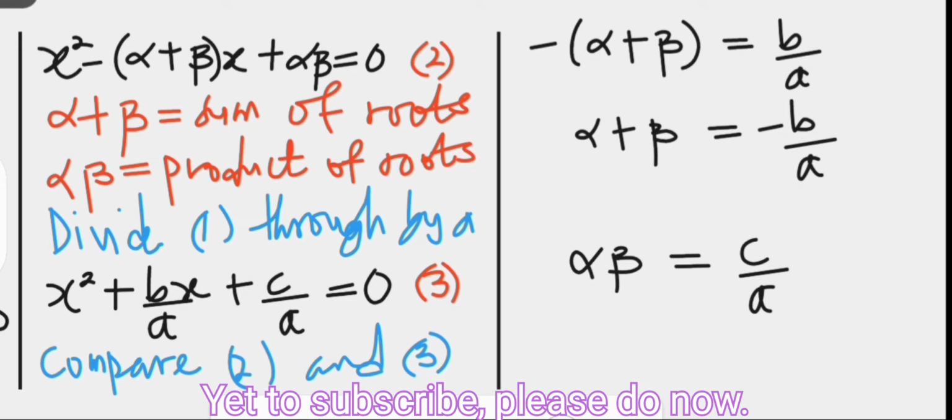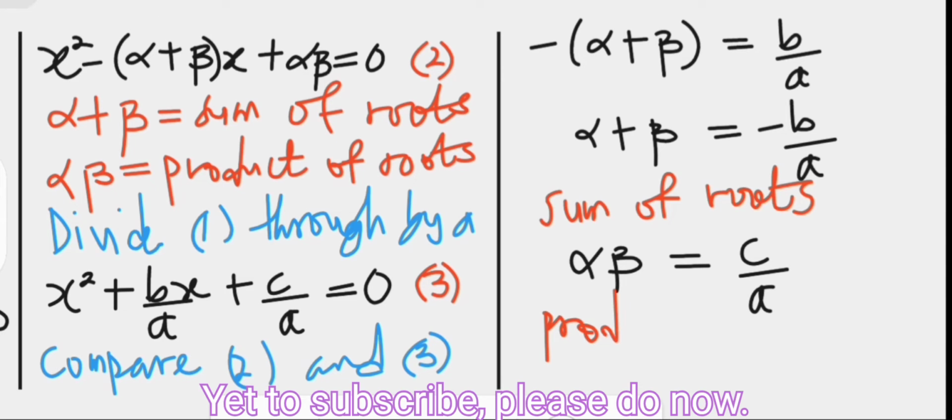This means that the sum of roots, alpha plus beta, is negative b over a from the general form, while the product of roots, alpha beta, is c over a from the general form. This is what is known as Vieta's formula for quadratic equations.